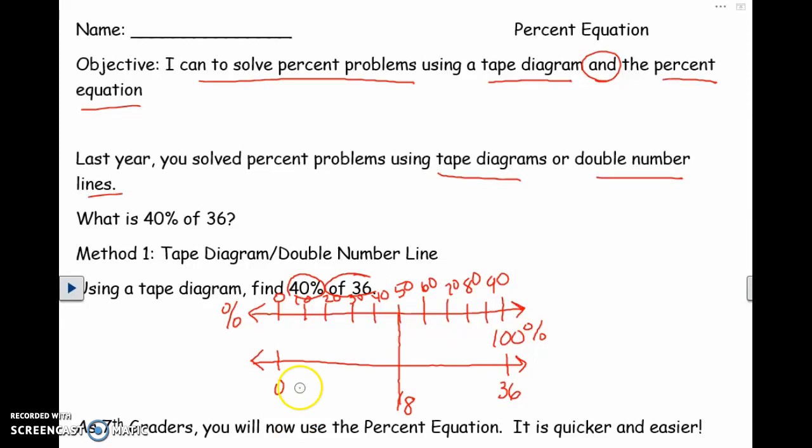Okay, I've got that. Now, let's see. I wonder if I can make these lines go all the way down. This kind of starts looking like a tape diagram. So I've got 18 here, and I have 1, 2, 3, 4, 5 spaces between here and 18. That means I have to take 18 and divide it by 5.